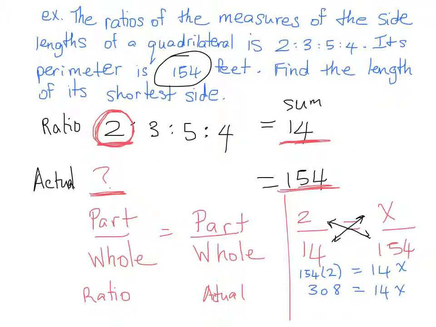Finally, we can divide both sides by 14. We get that x is equal to 308 over 14, which means that our shortest side, x, is 22. And so that's how you work with a proportion.